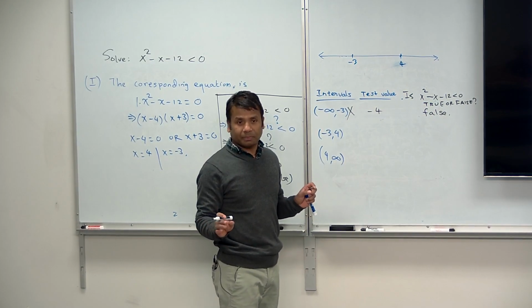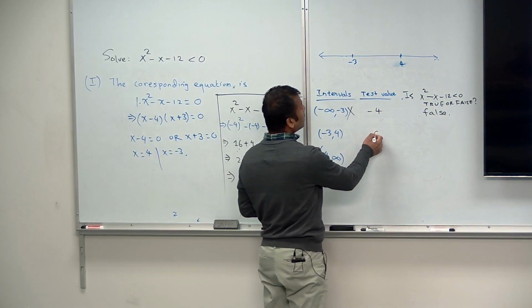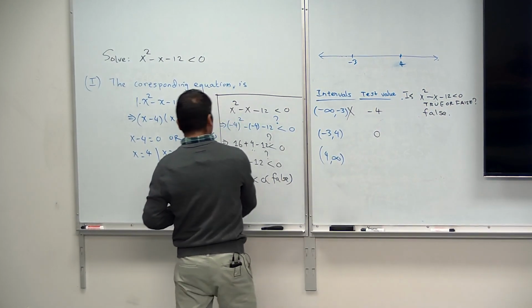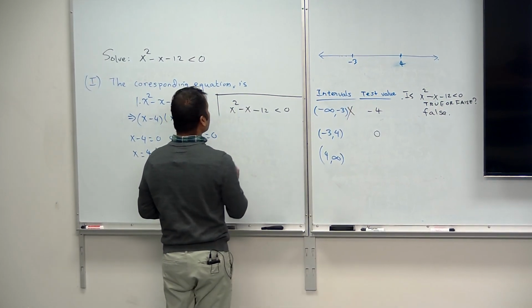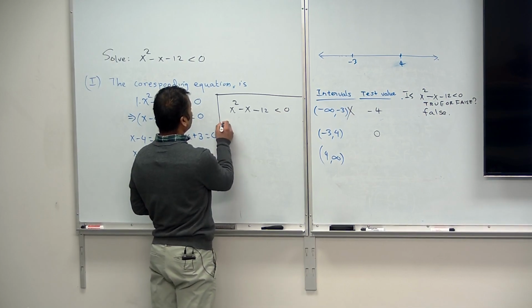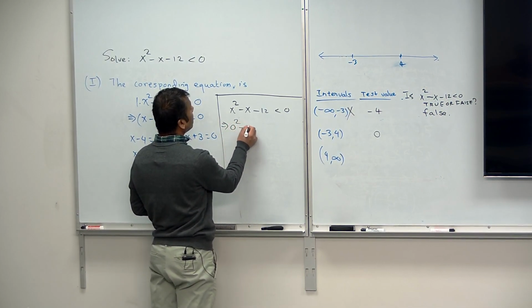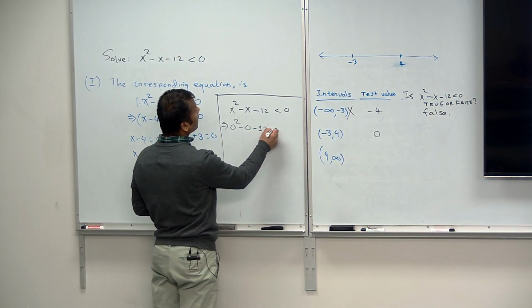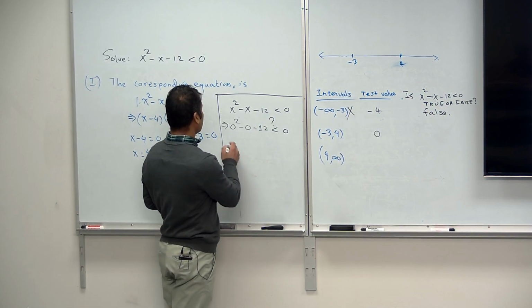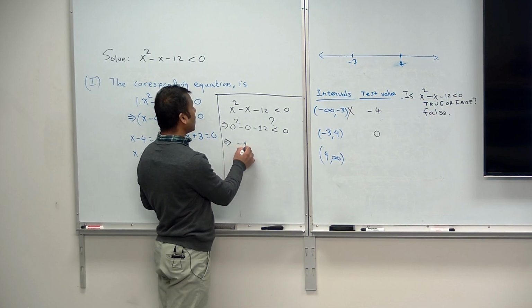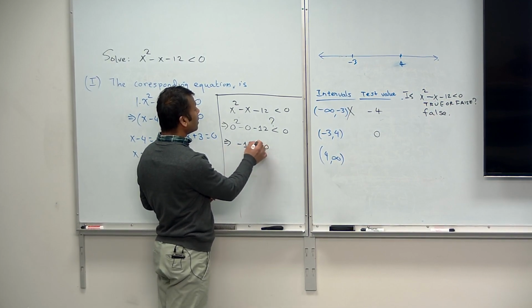So now you plug in 0 in this inequality. Now you have 0 squared minus 0 minus 12 is less than 0, question mark. So this is just -12 is less than 0.